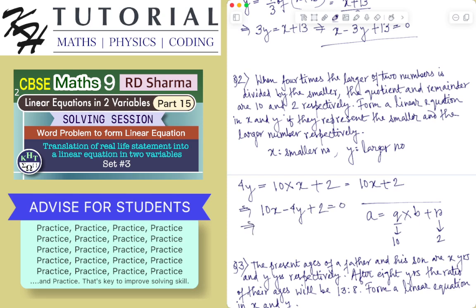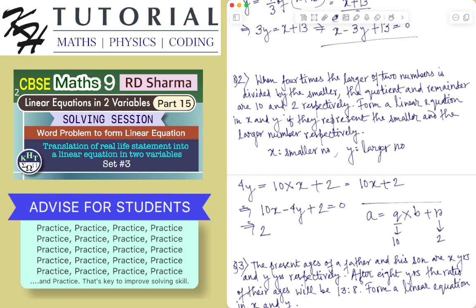I can factor out 2 from the LHS whenever possible. I think it is recommended that if you have a linear equation in two variables in the standard form, always try to factor out any common factor from the LHS and divide both sides by that factor.